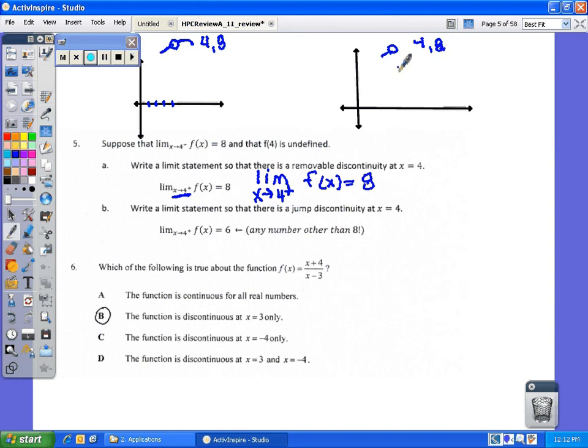So let us say that at (4, 6), you have another piece of the graph, and its y value is 6. Now, I've kept this open because it says it's undefined at 4, so it would not be a closed piece, but it would be an open piece in both parts. And I can do that by using the limit notation. Once again, I would like to see the limit as x approaches 4 from the right side of my function f is any number I want but 8, and that shows jump discontinuity.